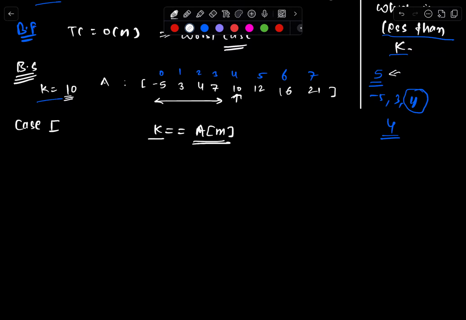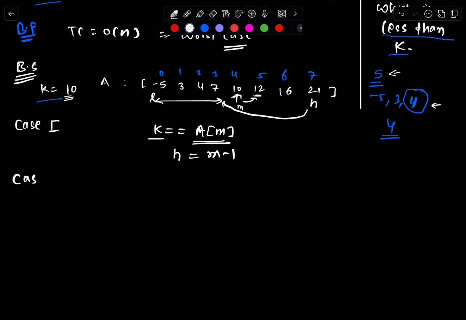I hope you agree, because if we search on the right side, then those elements are greater, but we have to find the smaller ones. So we have to search on the left side, and the formula for searching the left side: this is my l, this is my h. H should come before m, so h should be m minus 1. This is my case 1.